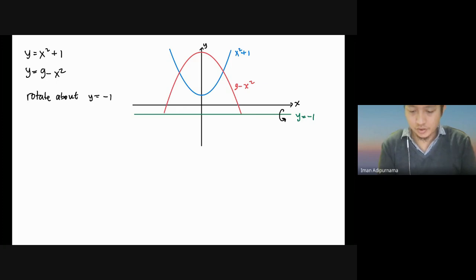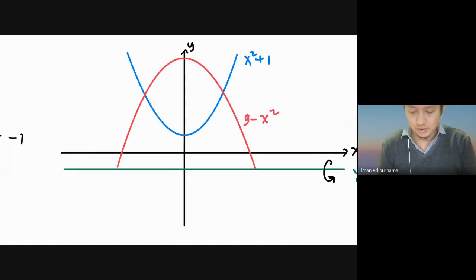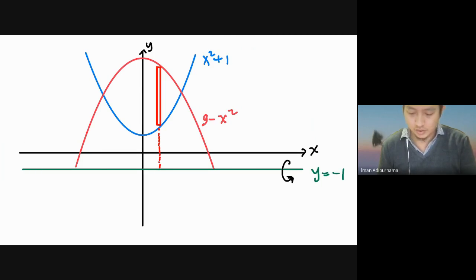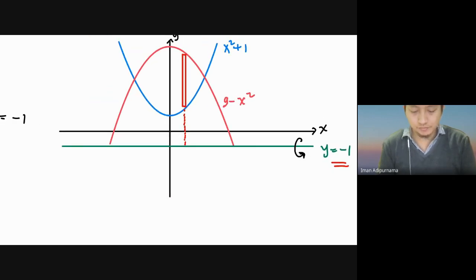If we look at the region that we are going to rotate, the rectangle that probably will take place, we rotate about y equals -1. So imagine we will have a disk method. How to know?